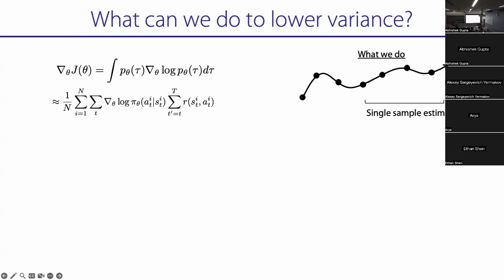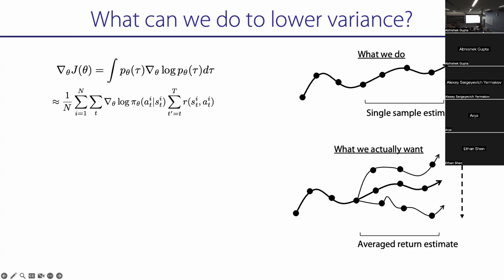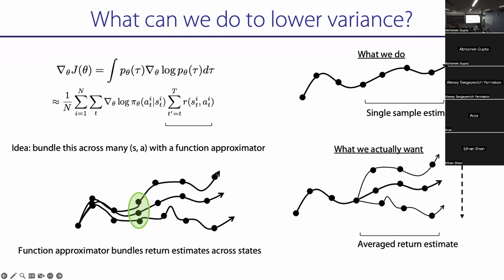The first thing we did is ask, what can we do to lower variance? Well, we really want objectives that average across many different future runs rather than just a single one. But we're in a continuous space, so it's hard to do that. So we use the magic of function approximation. We try to learn a model with a parametric function approximator that approximates the future outcomes.